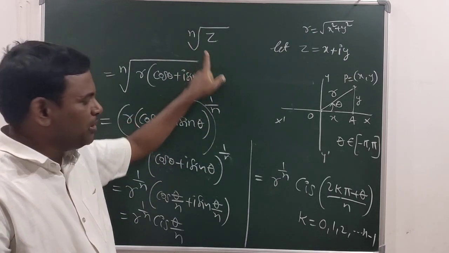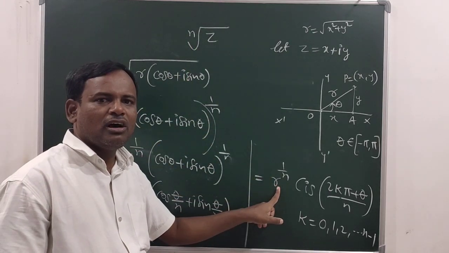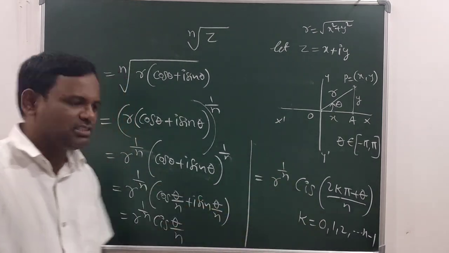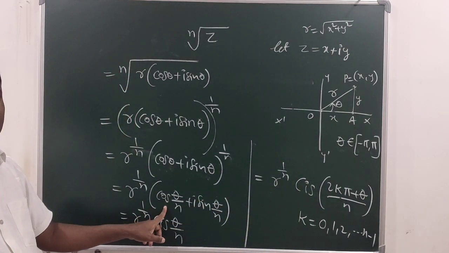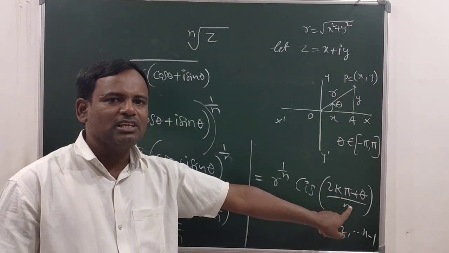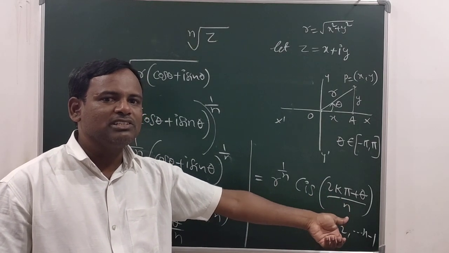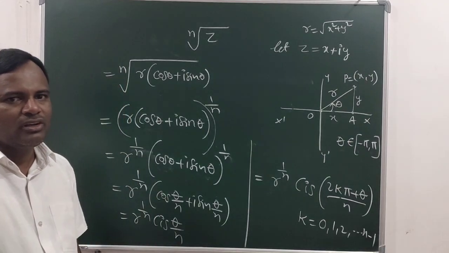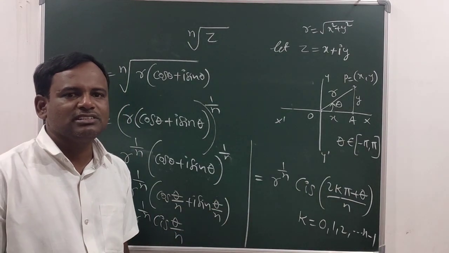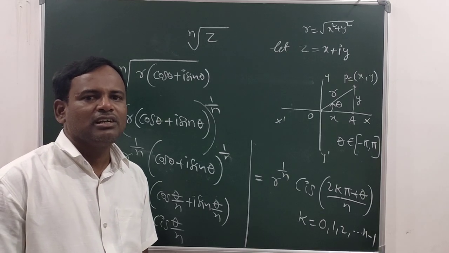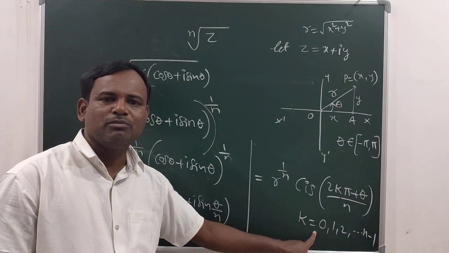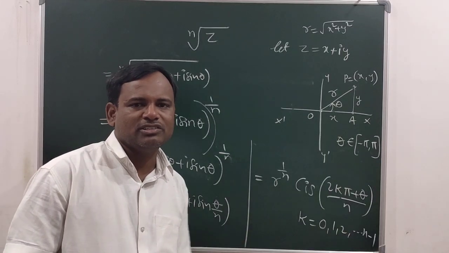The nth root of a complex number is equal to how much? R power 1 by n cis. So what is meant by cis? Actually it has to be written as cos of (2k pi plus theta) by n plus i sin of (2k pi plus theta) by n. Okay students, in short I have kept it as cis of (2k pi plus theta) by n, where k runs from 0, 1, 2 and so on up to n minus 1.